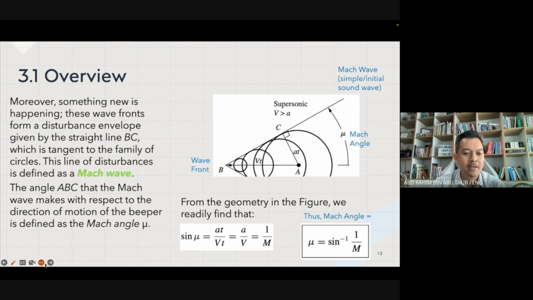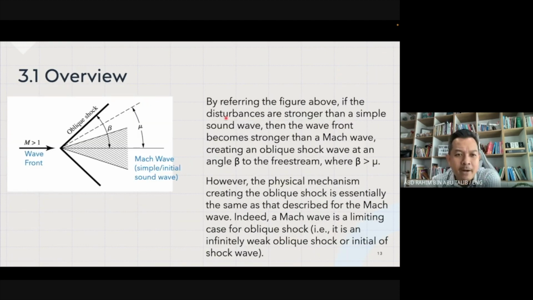All right. By referring to this particular figure, if the disturbances are stronger than a simple sound wave, then the wave front becomes stronger than a Mach wave, creating an oblique shock wave at an angle beta, instead of just having a Mach wave, Mach angle.